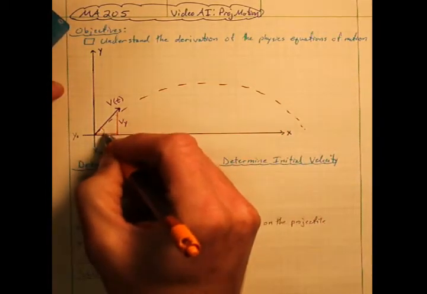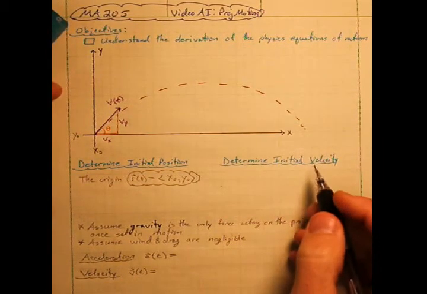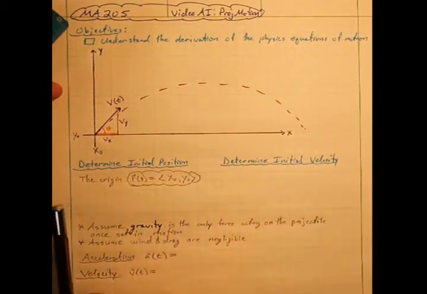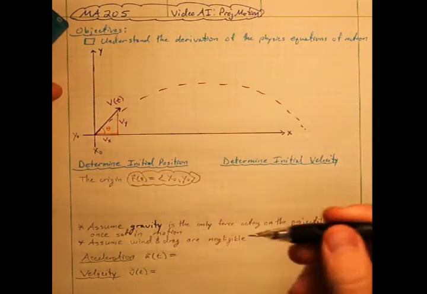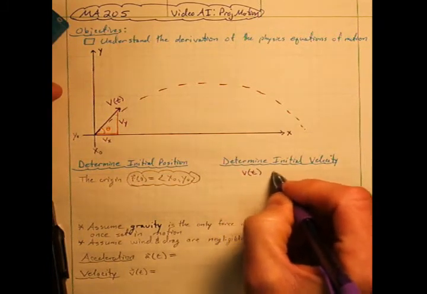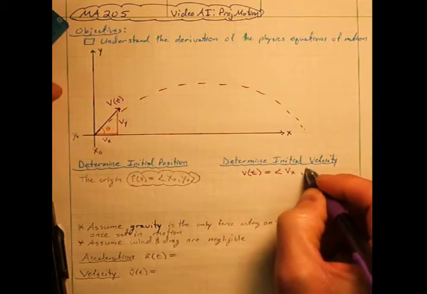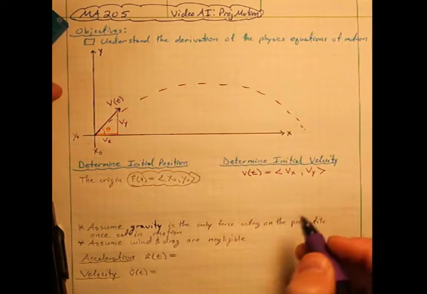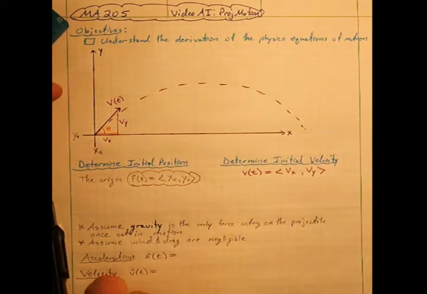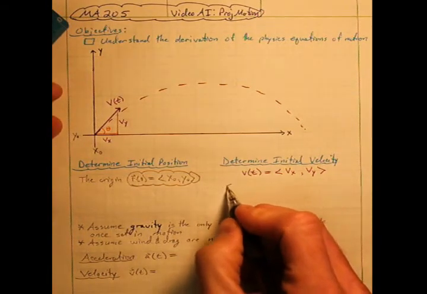And we'll say that we know the initial angle of launch. Okay, so to determine my initial angle, I want to make it look like this. V of t equals the vector v sub x, v sub y. Now I just want to solve for these two values, in which case I just have to do a little bit of trig.